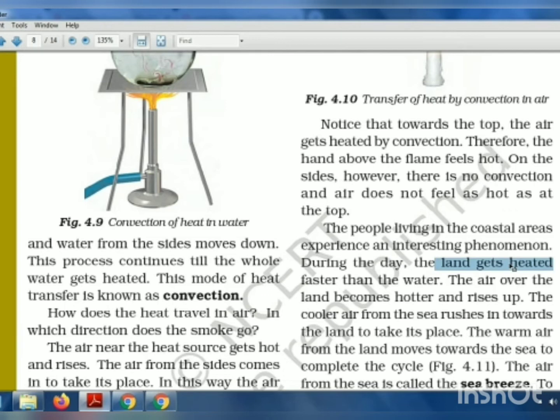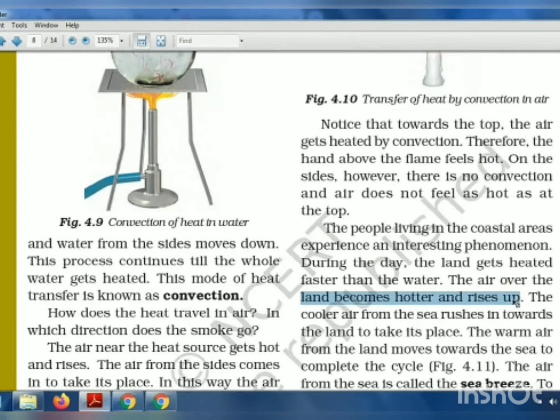So during the day, the land gets heated faster than water, and the air over the land becomes hotter and rises up.